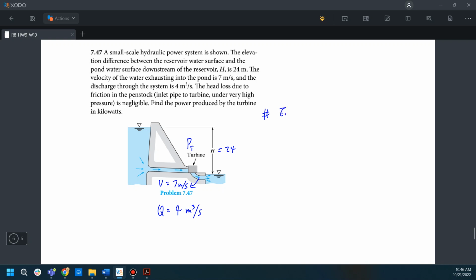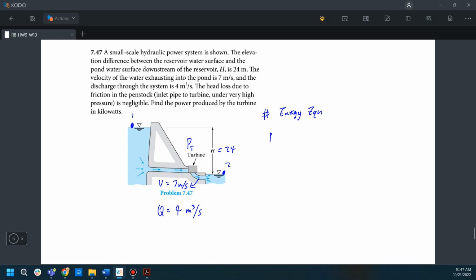First, we want to apply the energy equation between the upstream surface, this is point 1, and the downstream surface, this is point 2.